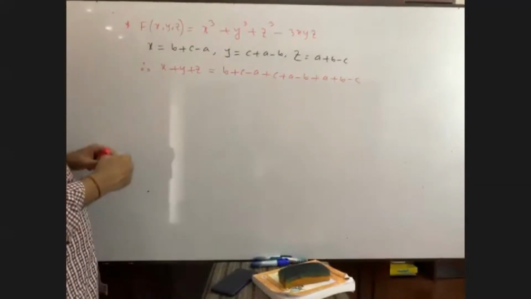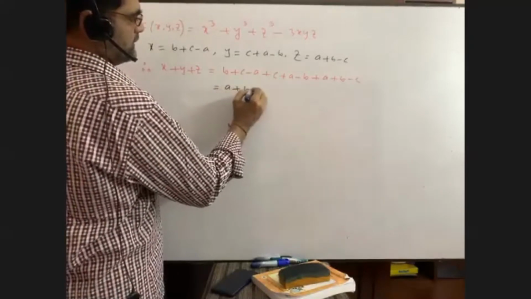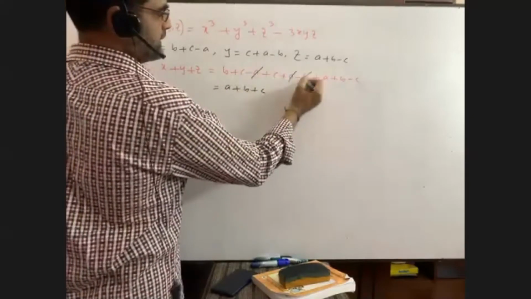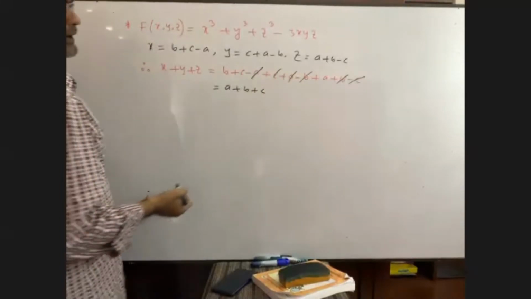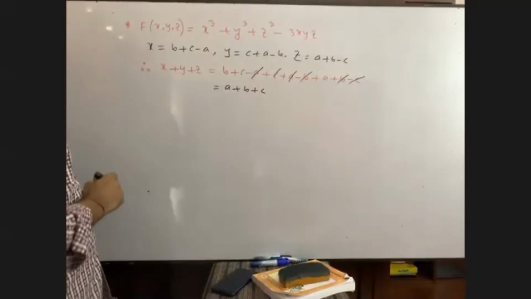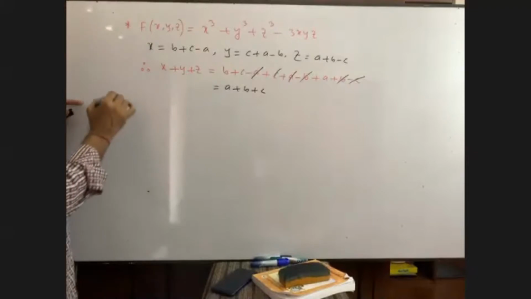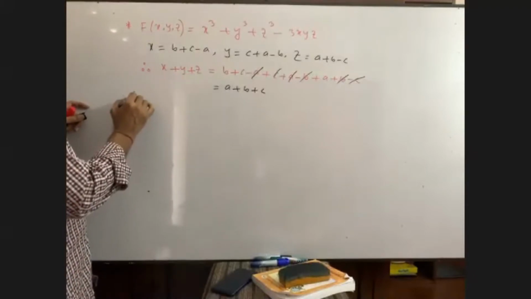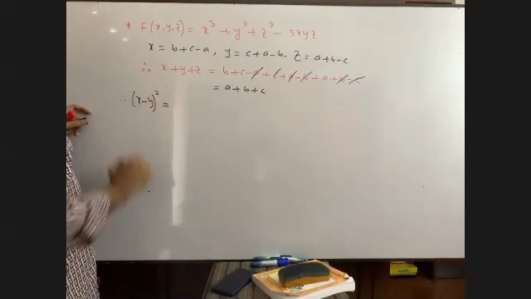Then what is the value here? Minus a plus a cancelled, minus b plus b cancelled, minus c plus c cancelled. So we are left with a plus b plus c.